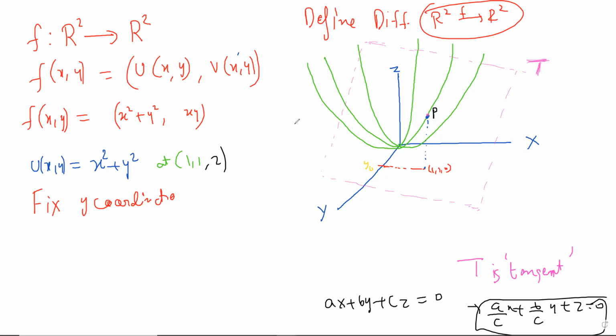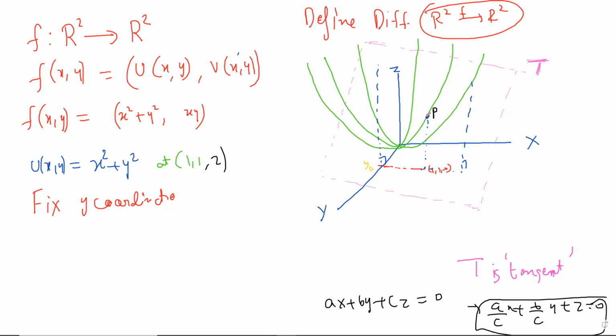Now if you only vary the x, then what do you get, right? If you only vary the x, then you can essentially take a perpendicular at this point, right?